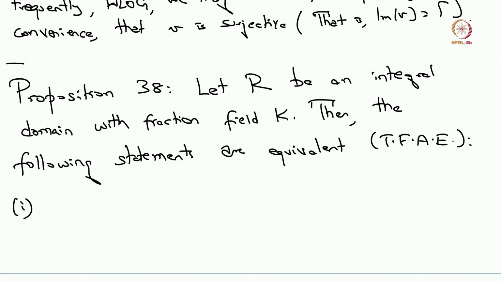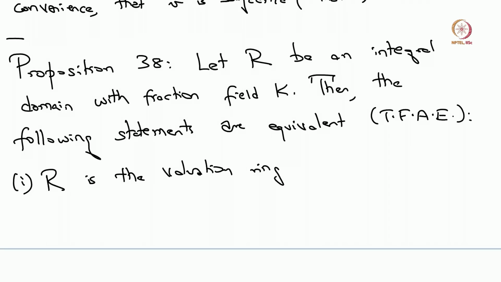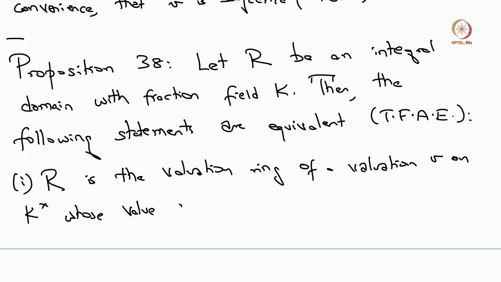The first statement is that R is a valuation ring of some valuation on K cross whose value group is isomorphic to Z.